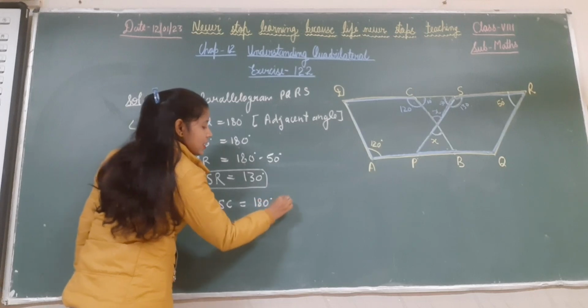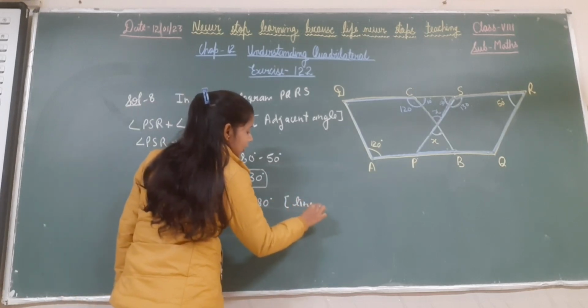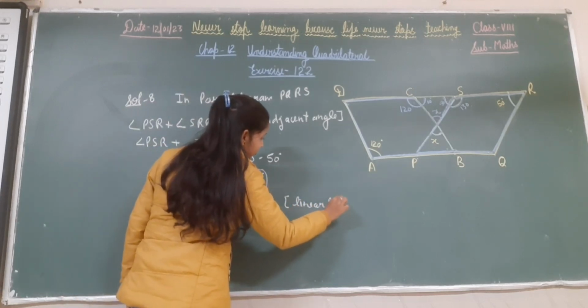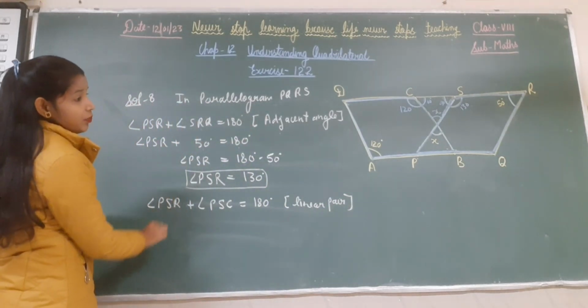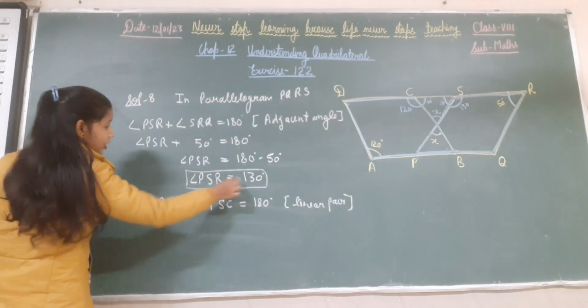Why? Because they are making linear pair. Right class?